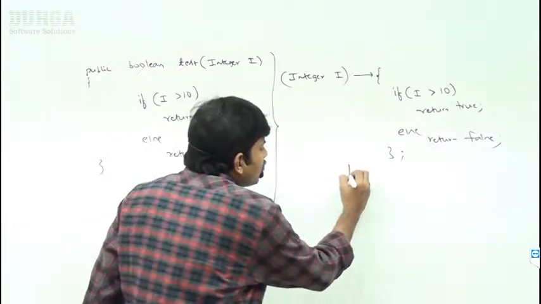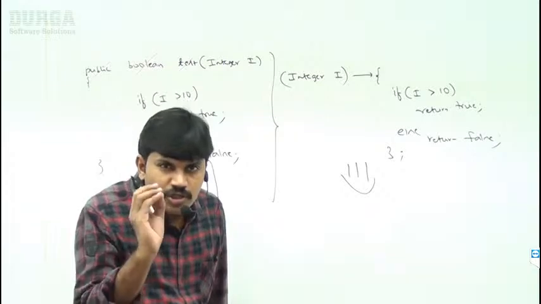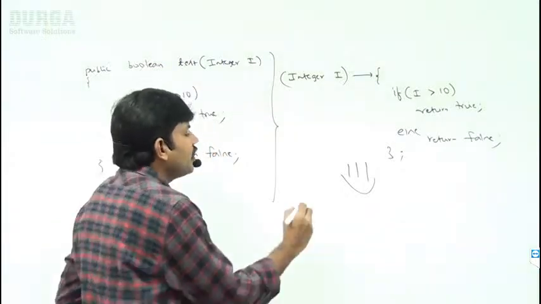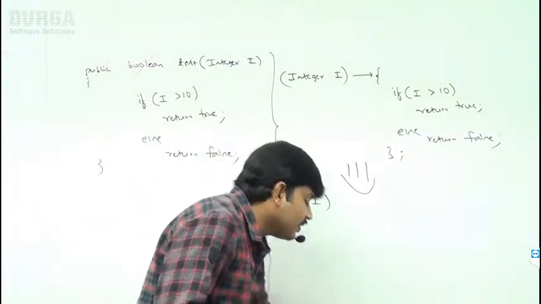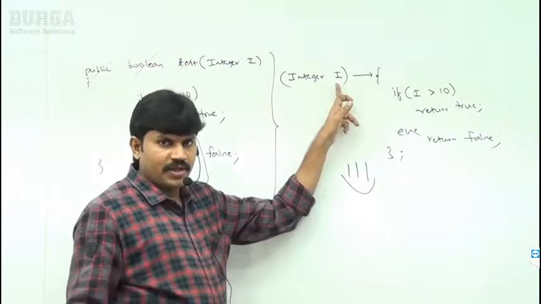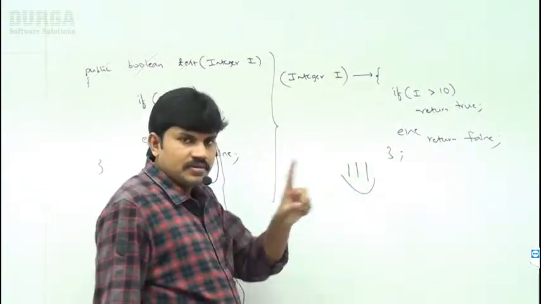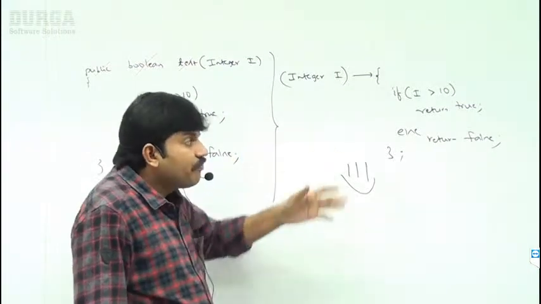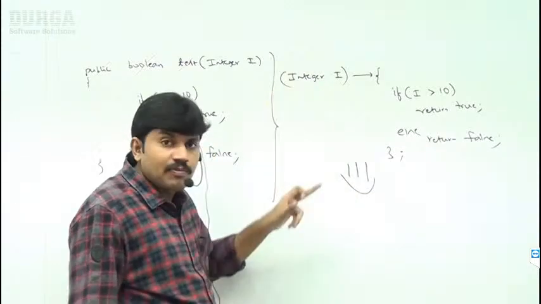Now I want to simplify this further. Can you tell me the way? Very simple. Do you remember, if only one parameter is there, we can remove the parentheses. Next, based on the context, the compiler can guess the type also.